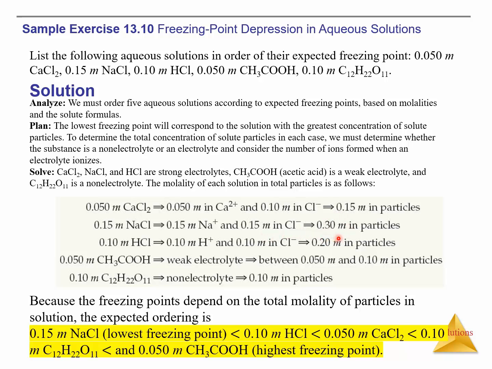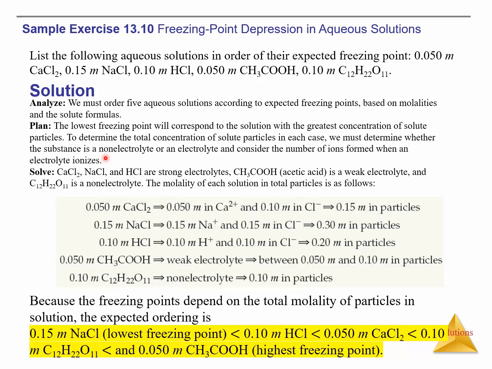The total is 0.30 molal in particles. HCl, the same, complete ionization, 0.30 molal in particles. Now, acetic acid, weak electrolyte, between 0.05 and 0.1 molal in particles. Now, 0.1 sucrose, non-electrolyte, you have only 0.1 molal in particles.